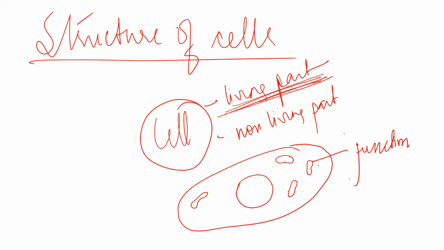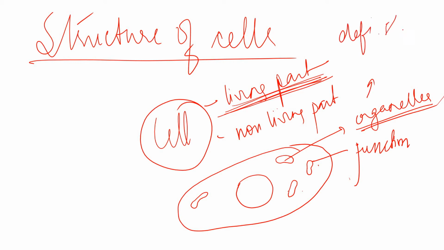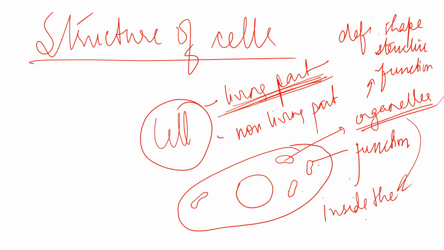So why are they called organelles? Because they have a definite shape, a definite structure, and a definite function. And these organelles are found inside the cell. I hope it's clear till this much.